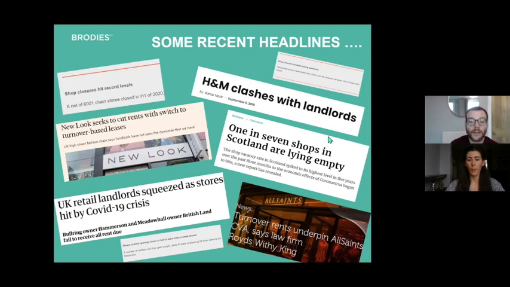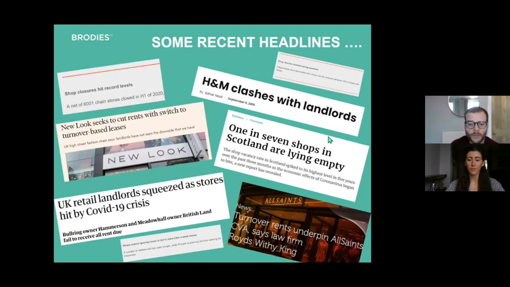That dialogue between tenants and landlords is really healthy, and that is something that needs to be at the front with turnover arrangements being put in place.